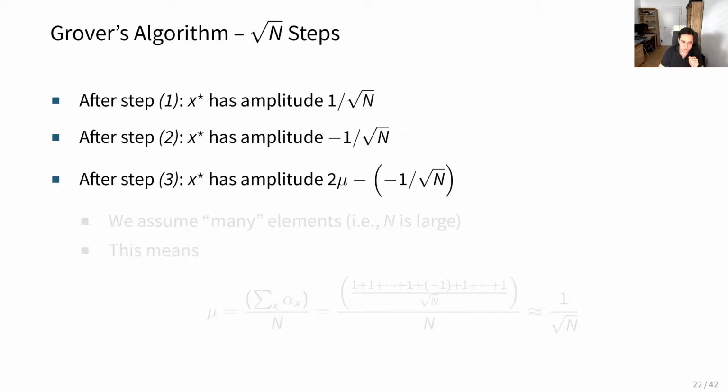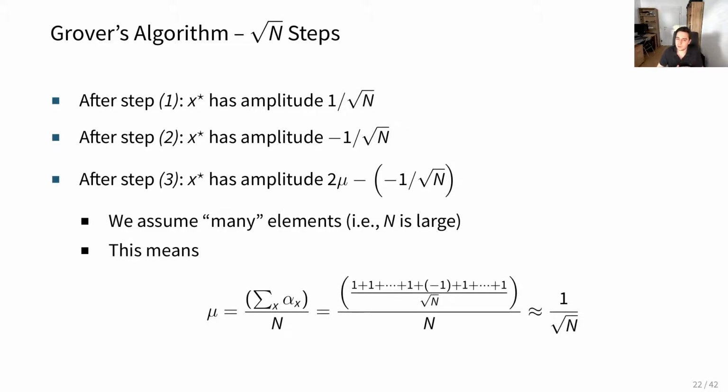However, we assume that we have many, many elements, so n is very large. What this means is that basically the mean we input here, which is computed exactly like this, has in the first step 1 plus 1 plus 1 plus 1. This is the uniform amplitude of every unwanted element, so 1 plus 1 plus 1 plus 1, plus minus 1, which is this minus 1 here, but we have only one such minus 1 because we have a unique element we're looking for.